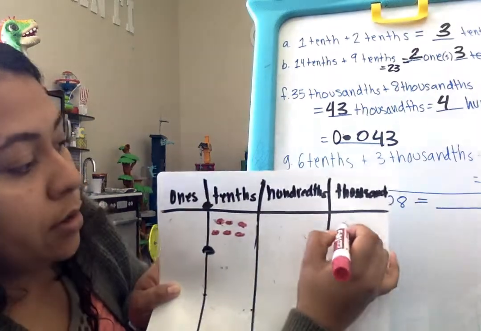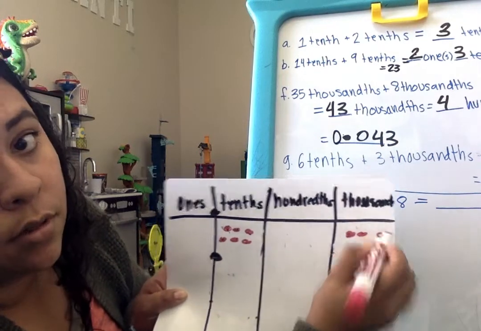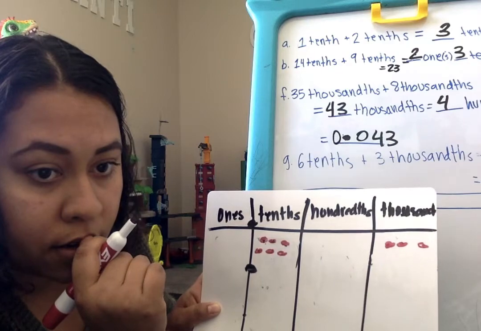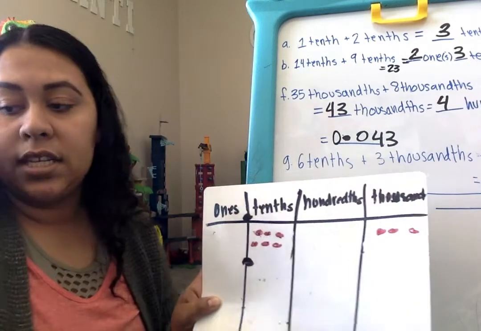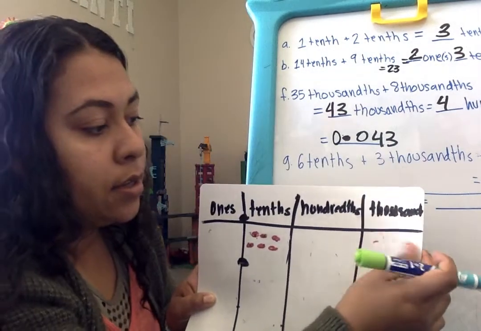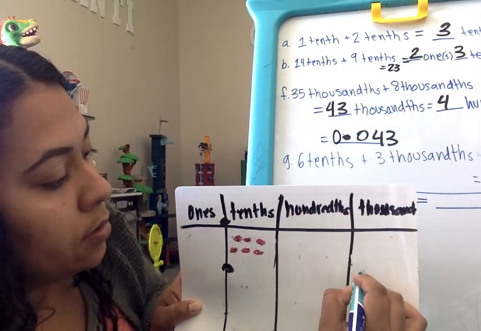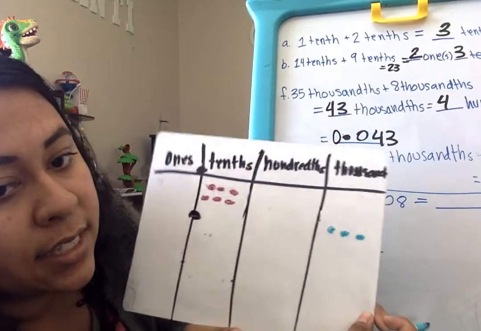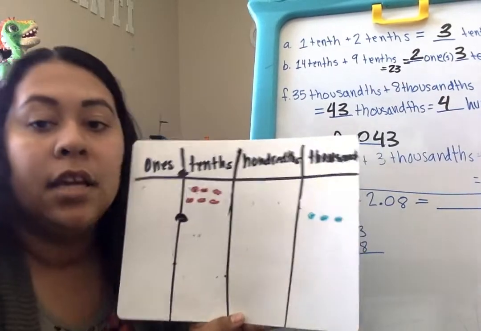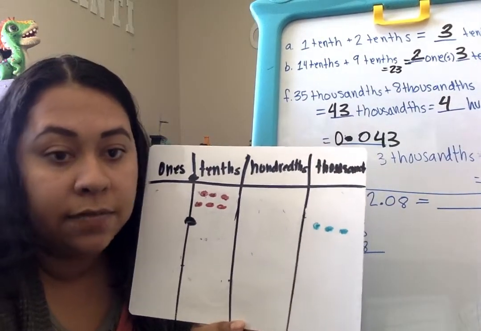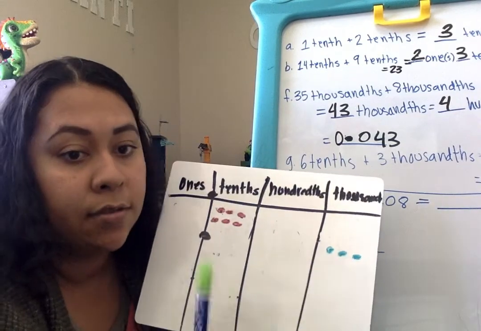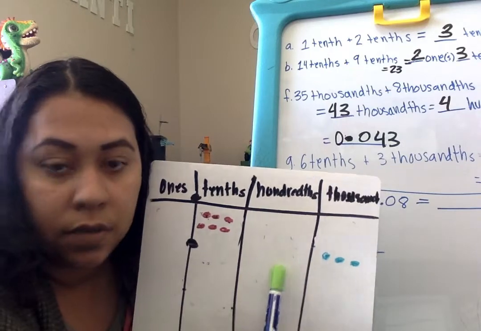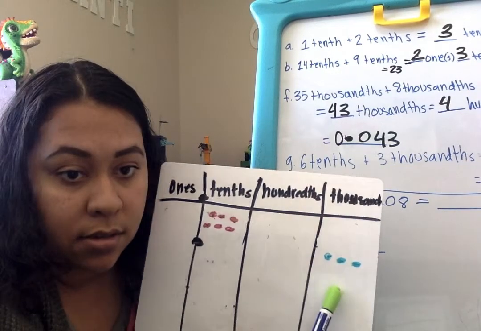So all the way over here, 1, 2, 3. 6 tenths plus 3 thousandths. So if we have 6 tenths and then you add 3 thousandths to it, you're not adding tenths to it, you're not adding hundredths to it, you're adding 3 thousandths to it.